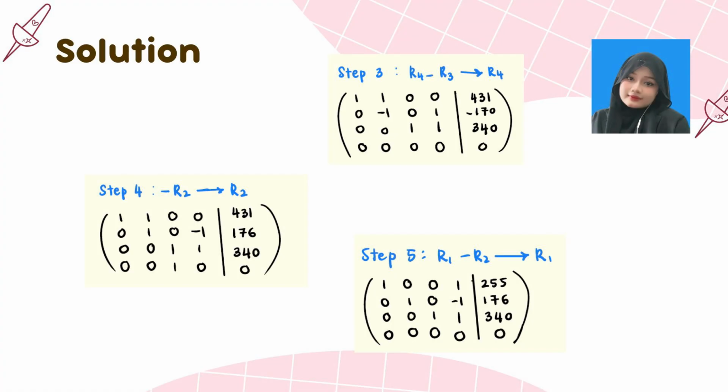And then step 3, we need to take the fourth row and subtract row 3. And step 4, we take the second row and multiply it by negative 1. And finally, step 5, we take the first row and subtract the second row from it.